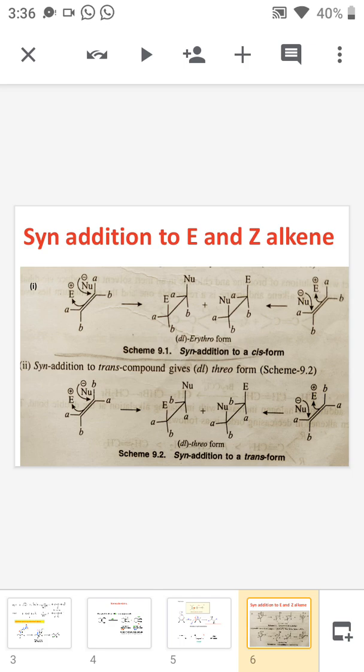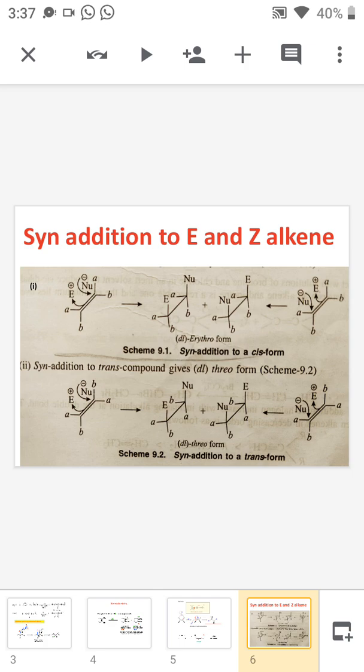First of all, consider a Z alkene, and if you are adding the polar molecule in the same direction, that means syn addition, in which both the electrophile and nucleophile are approaching the Z alkene from the same direction, we will get an erythro form. Okay, the first case. Whereas in the second case, that is an E alkene, that means both the substituents are on opposite sides.